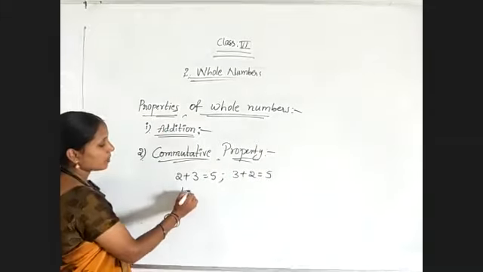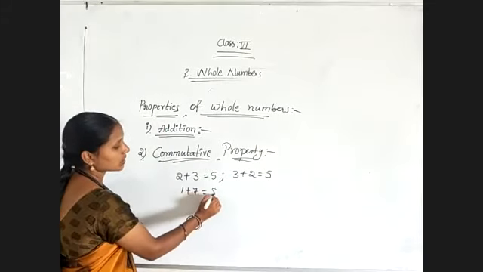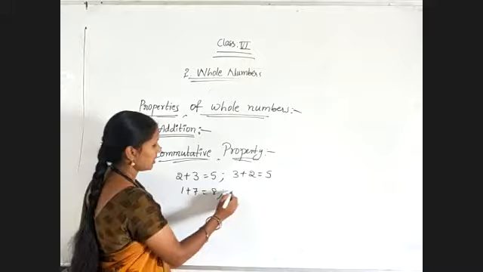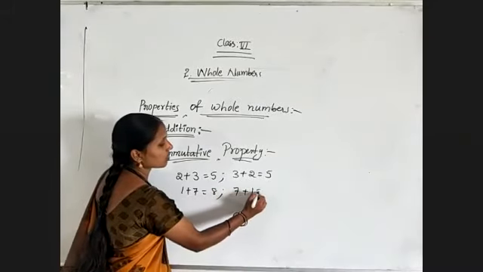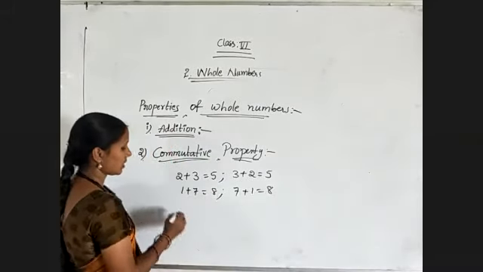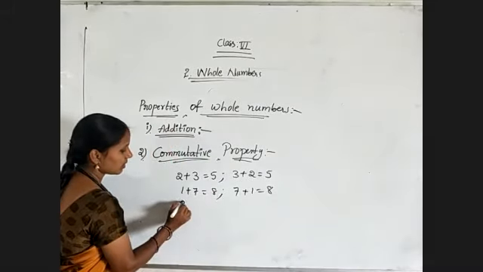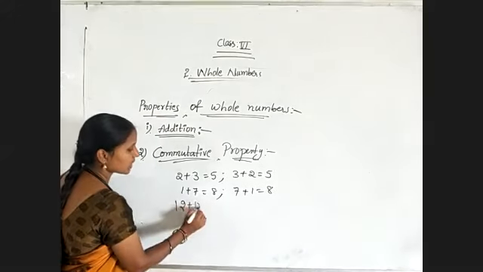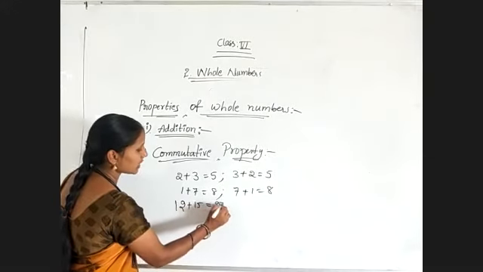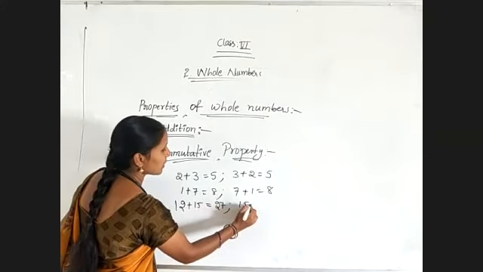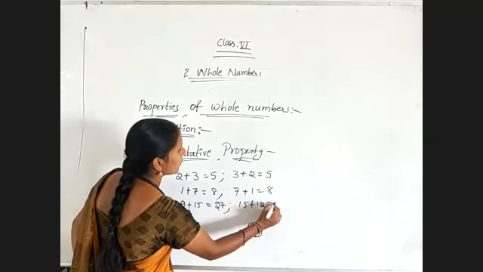And 1 plus 7 is equal to how much? 8. 7 plus 1 is equal to how much? 8. 12 plus 15 is equal to 27. Same, 15 plus 12 is also equal to 27.